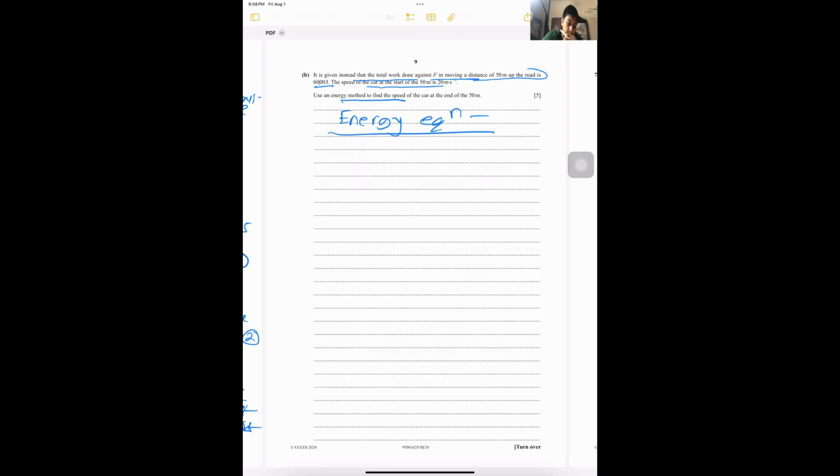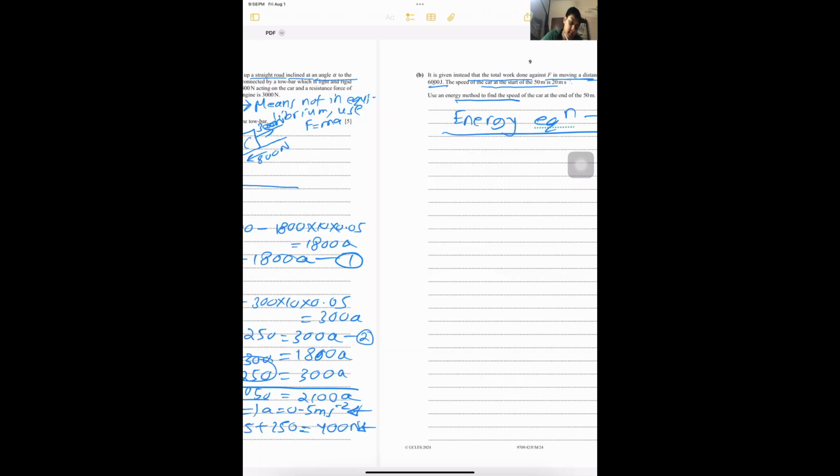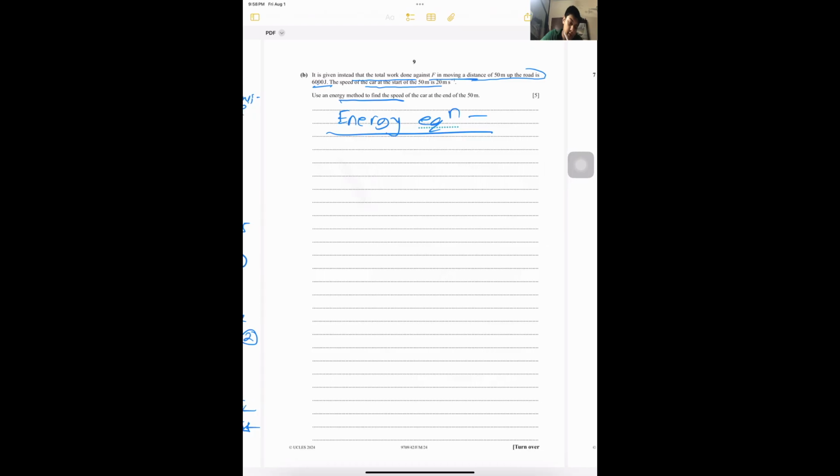So there was a driving force: 3000 into 50 plus half 1800. Whenever you're calculating the final speed or initial speed using the energy method, and it's a combined particle question, you always have to remember that the mass will be the total mass.